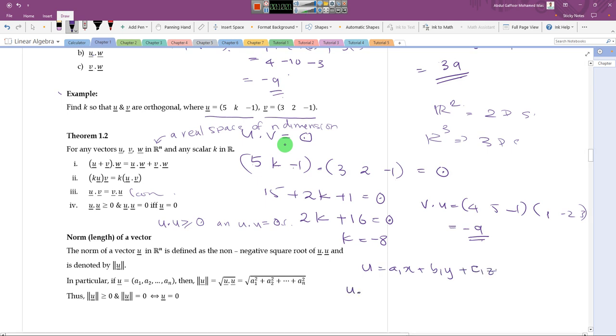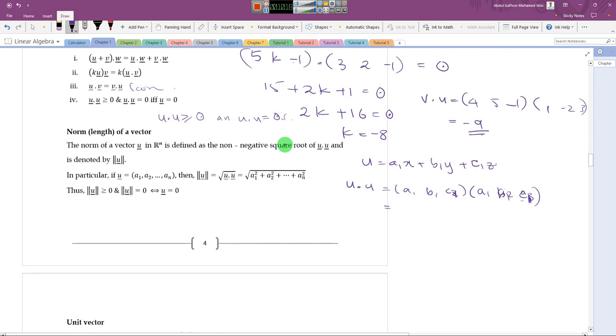Now if I take u dot u, the entries should be multiplied by itself and summed up. So a1 square plus b1 square plus c1 square. It is always positive, and the summation of positive will always be greater than or equal to 0. That's why we say u dot u is always greater than or equal to 0.